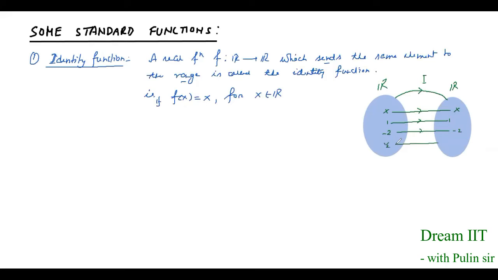From here it is very clear that whatever the input is, a real number, that itself comes as the output. That means the domain is the real numbers, and the range is also the real numbers. In fact, the codomain is also the real numbers. So these three things you have to remember.